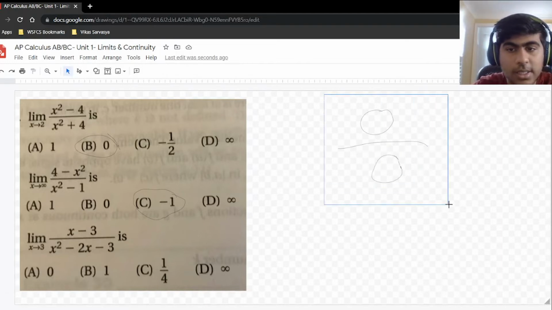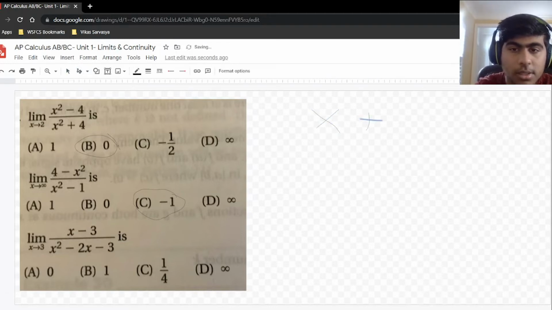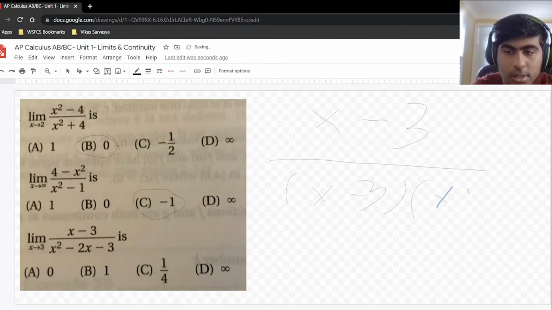Now what we can see is that we can factor the denominator, right? We can say this is x plus 3 over, factoring the denominator, we get x minus 3 times x plus 1.